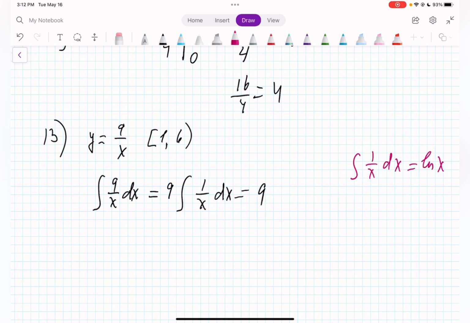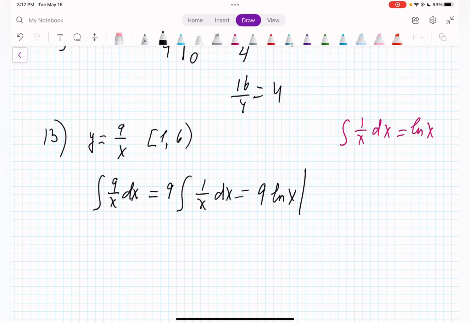So from here, I'm going to plug in, let me move this a little bit higher.